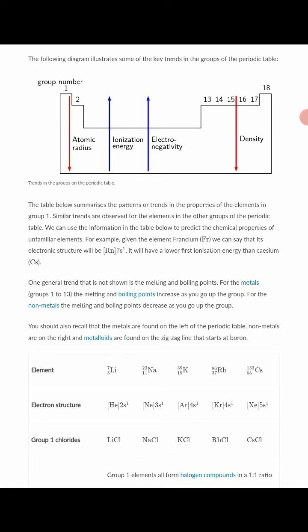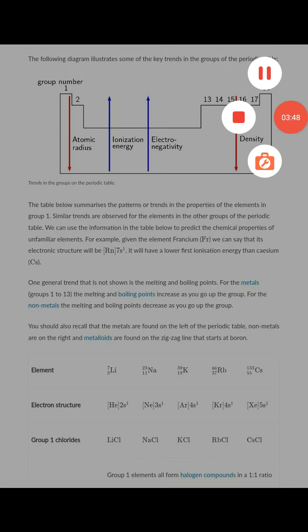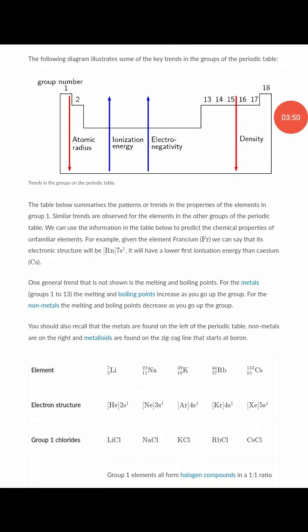All right, before we look at the rest: ionization energy decreases down the group, electronegativity decreases down the group, density increases down the group. We can also say ionization energy increases as we go up the group, or it decreases as we go down the group. Now let's see. The table below summarizes the patterns or trends in the properties of the elements in group 1.